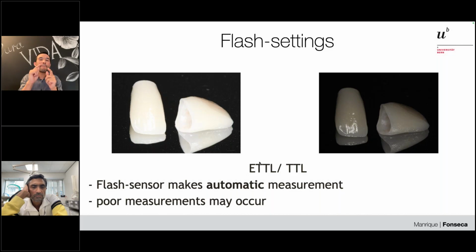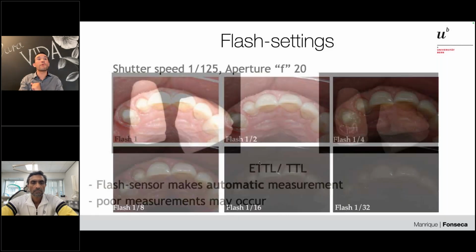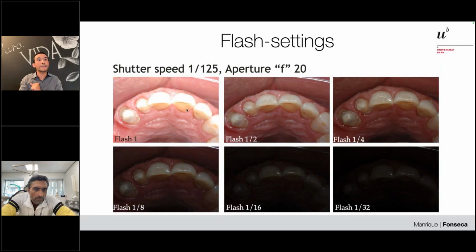Depending on where you are, or if you are like me in your clinic with a window in front of your camera, then you may have false readings, and that is why we recommend going to manual as well. Then you can choose, and you will always get the same amount of light.